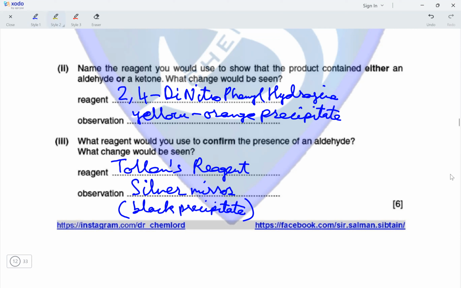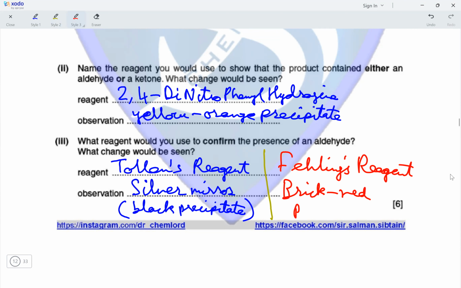And the alternative to this would be using Fehling's reagent, and the observation that we would get with Fehling's reagent would be formation of a brick red precipitate.